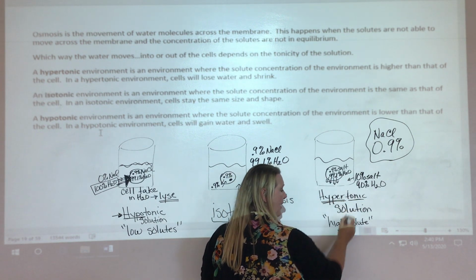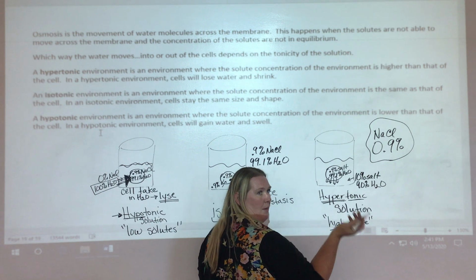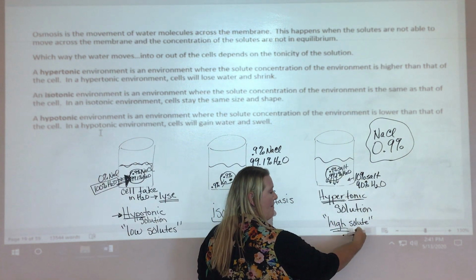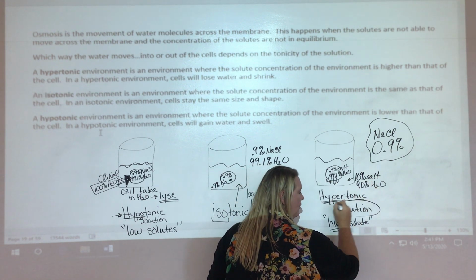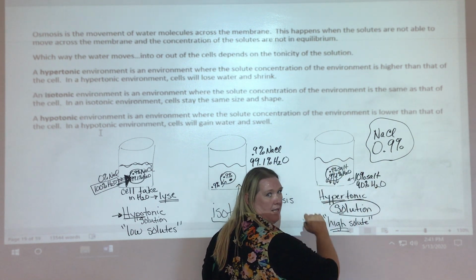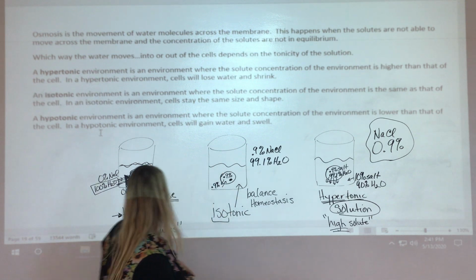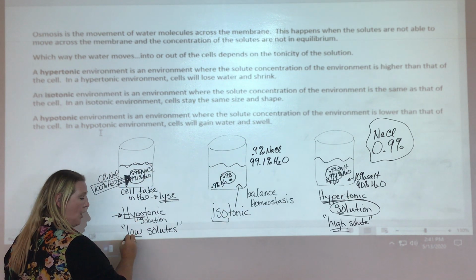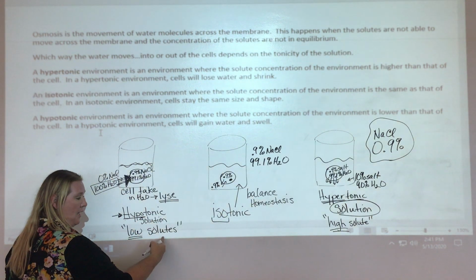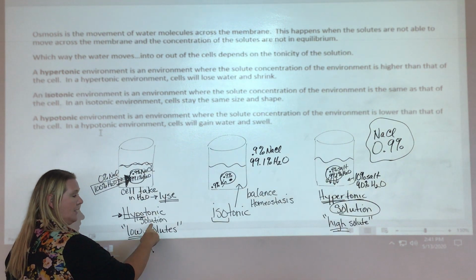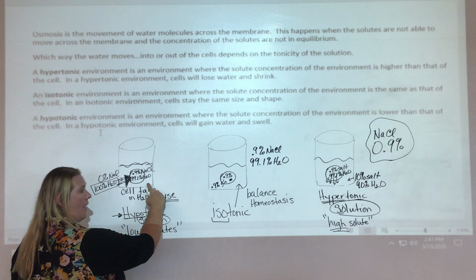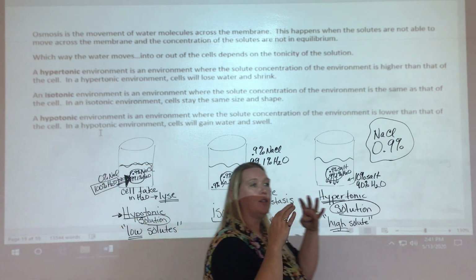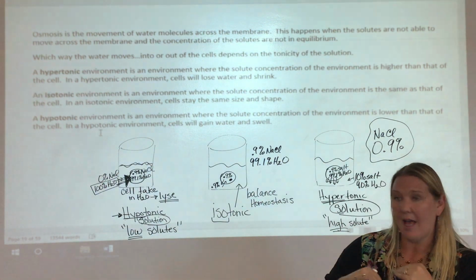Hypertonic, hyper, high, someone's hyper, lots of energy. High amount of solutes, a salt in the solution that's outside of that cell. Versus hypo, low amount of solutes or salts in the solution outside of the cell. And water's going to move to balance across that membrane.